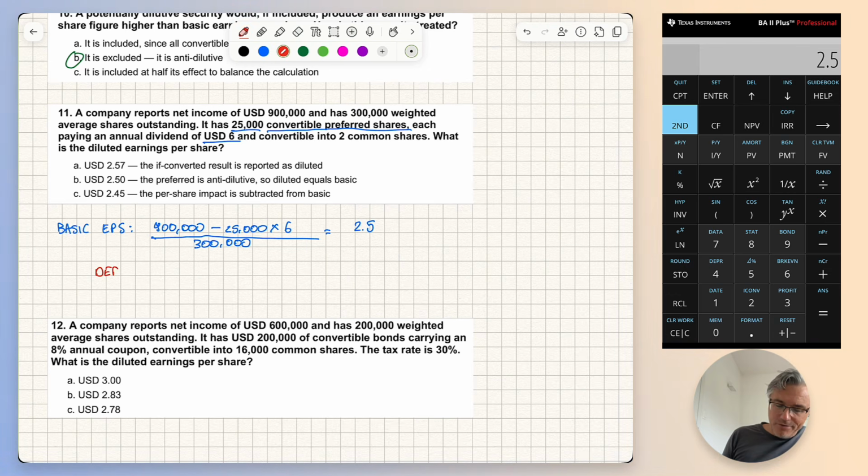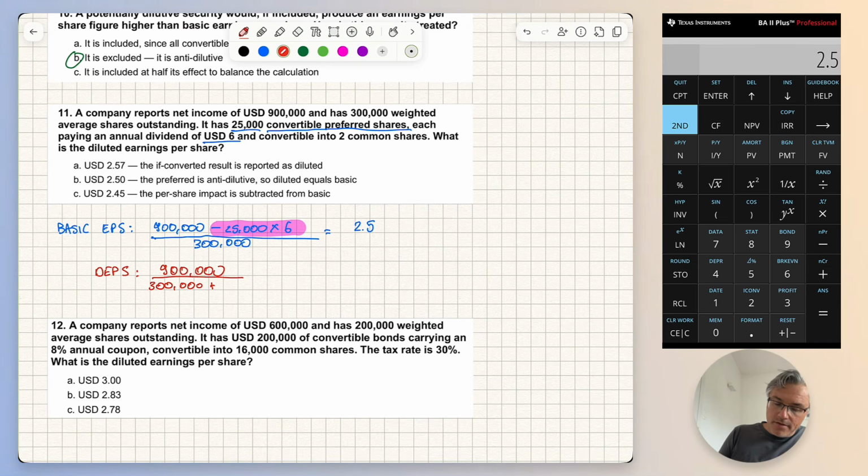DEPS, diluted earnings per share, now is going to be the net income, and once you assume that the shares have already converted, you will no longer be paying this. So you basically don't need to make any downward adjustment anymore. We ignore that. But in the denominator, we see what happens when those additional shares are created.